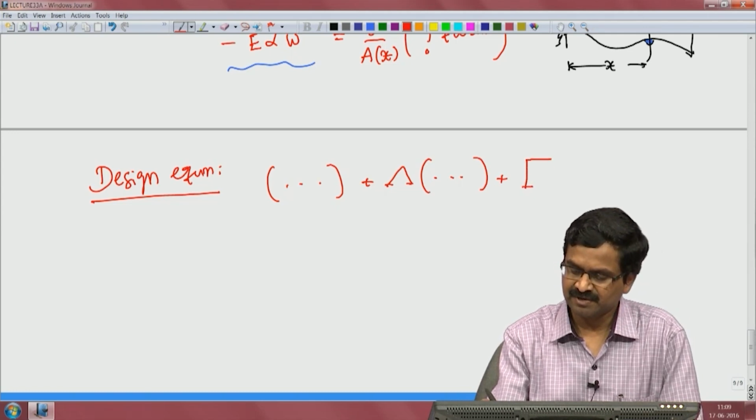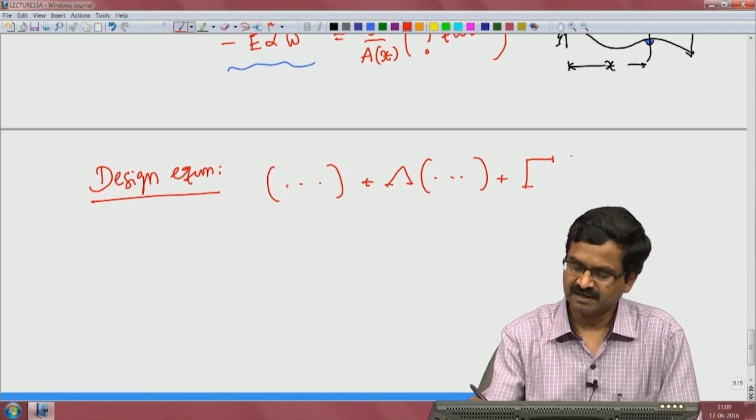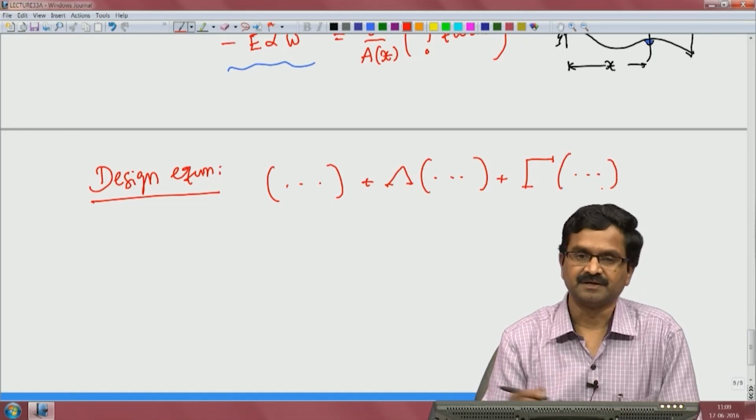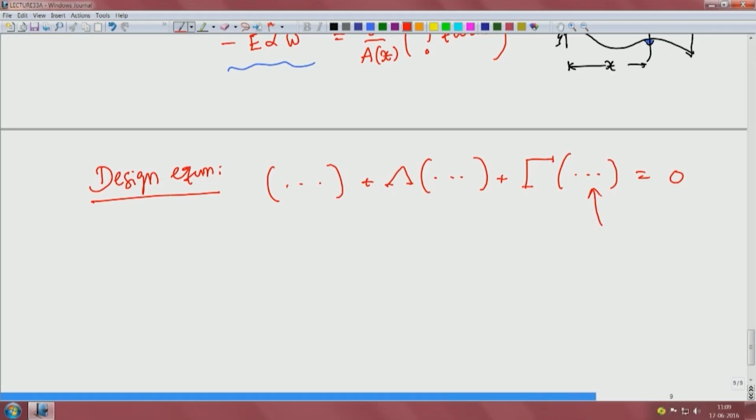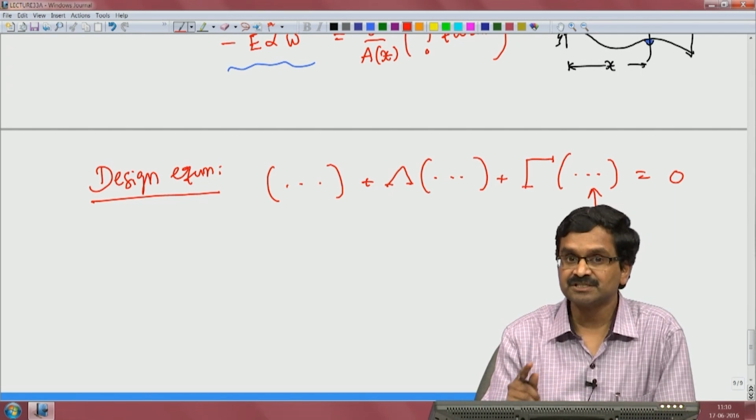Let us say the Lagrange multiplier corresponding to this is gamma, but that also will have something here, and that will be equal to 0, and this will be the gradient of that constraint. Okay. So, you have expressions for gradients coming out of this analysis. If you cannot solve analytically for complicated problems, this analytical procedure is still applicable because you get expressions for the gradients.